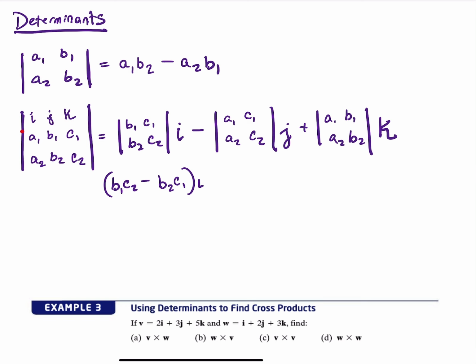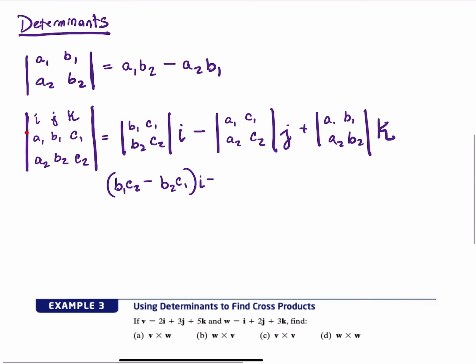This will be attached to i. When we bring down this subtraction, now the determinant of this next one is A1 times C2 minus our other diagonal, which is A2 times C1. So that's attached to j.